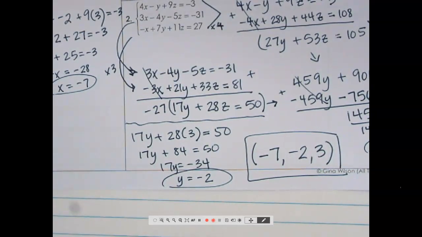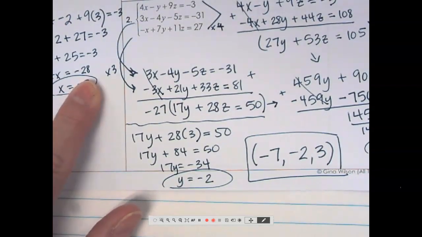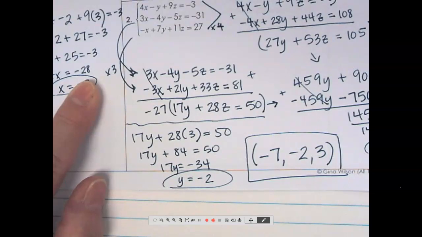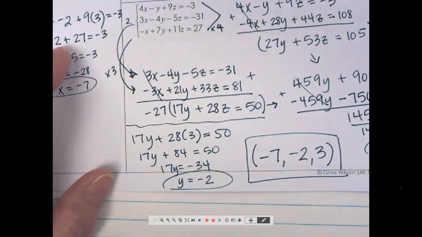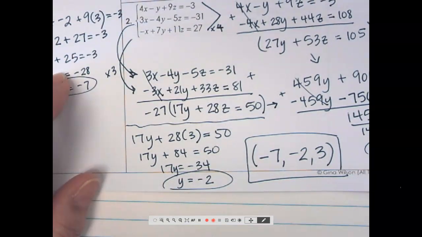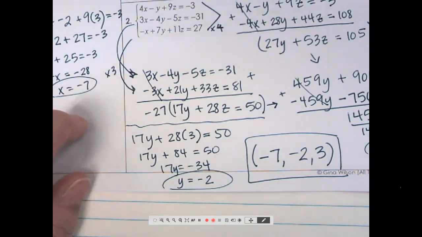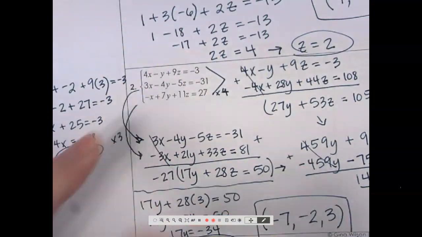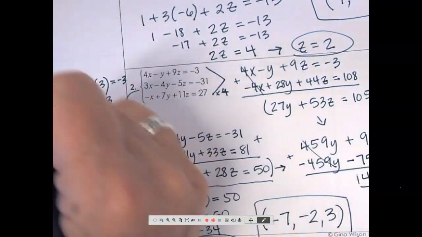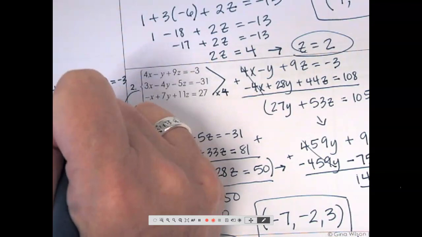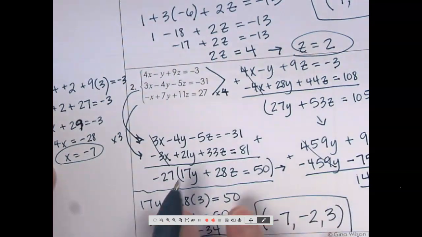Uh-oh. So you got a 38, 32 there? What did I do wrong? 9 times 3 is 27. Oh, yes, yes. Thank you so much. 29.